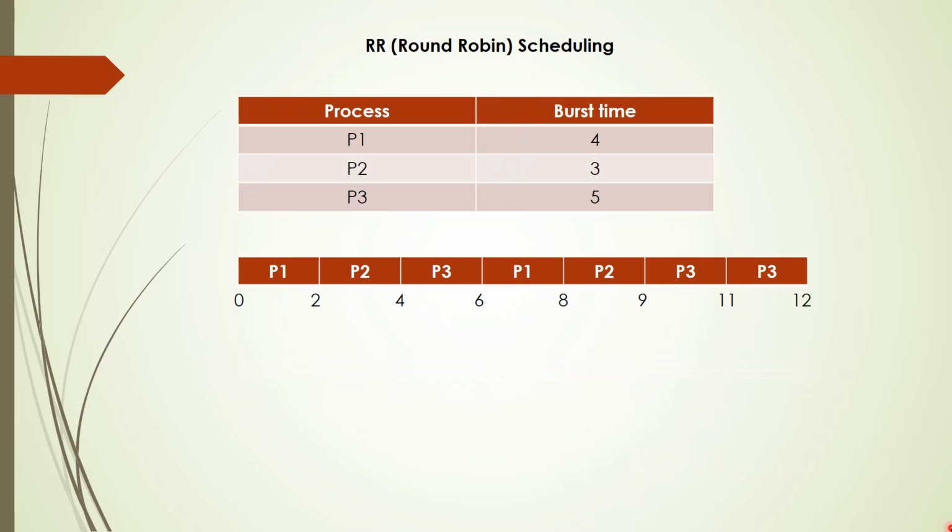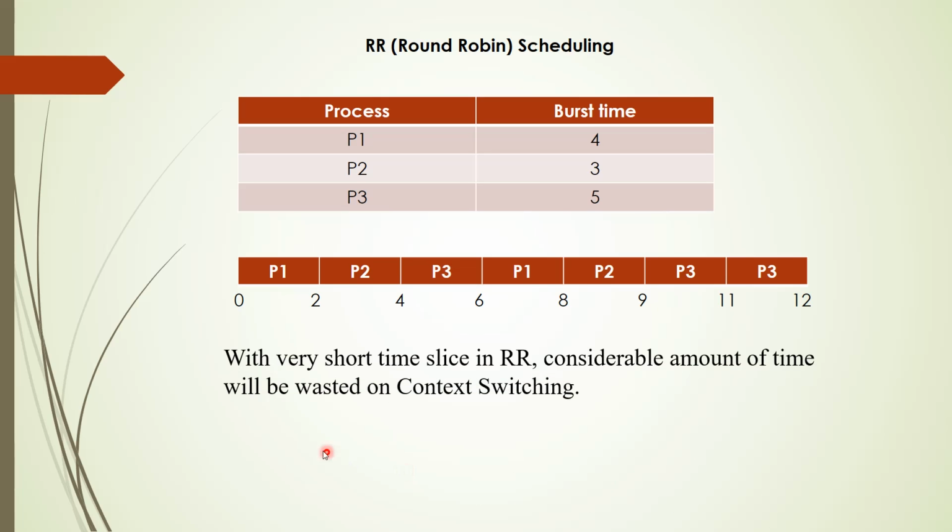Now let us see 2 more things to remember. First, with a very short time slice, that is, when the quantum is very short, in this example 2, a considerable amount of time will be wasted in context switching. We have already discussed context switching. When the CPU switches from one process to another, the PCB is saved and the PCB is loaded.